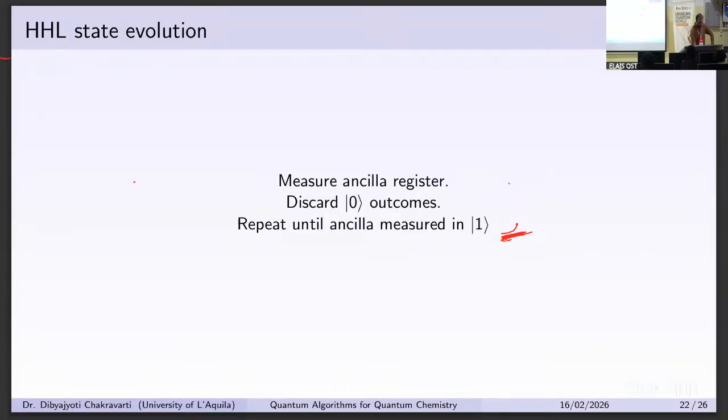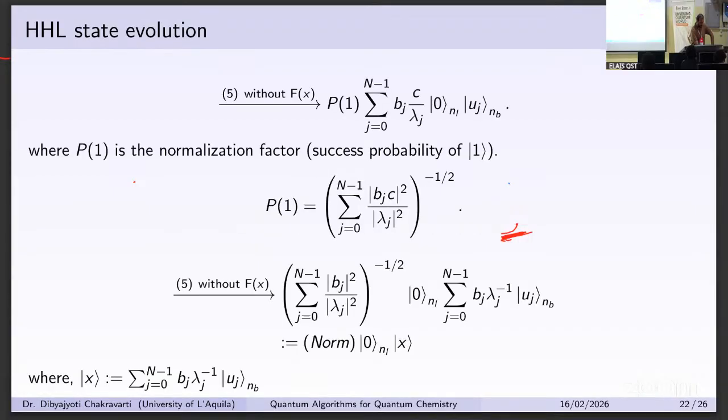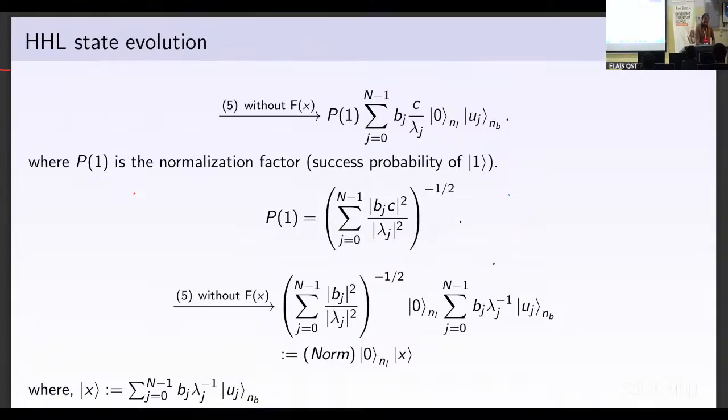We discard the ket 0 outcomes, and then what we get is essentially, after measurement without any function on x, this.